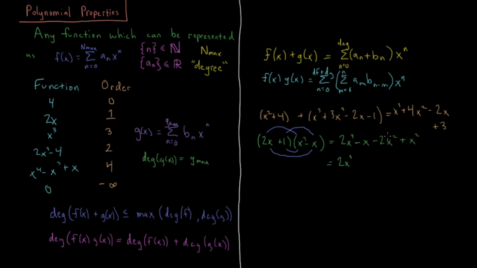Then we have x squared minus 2x squared gives us a minus x squared. And then we only have x, so we have a minus x. Okay, so that's the basics of polynomial addition and multiplication, the degree of polynomials, and that polynomials are any function which can be written as a series in positive powers of x to the n.